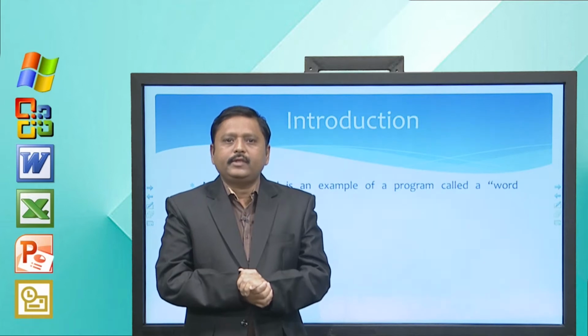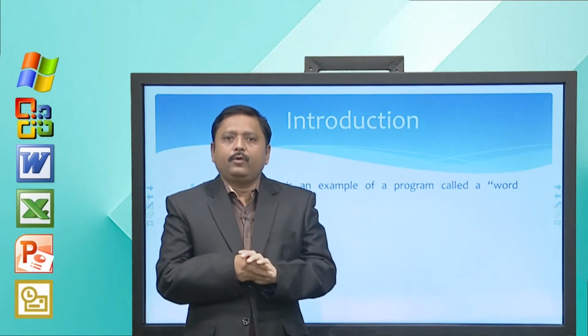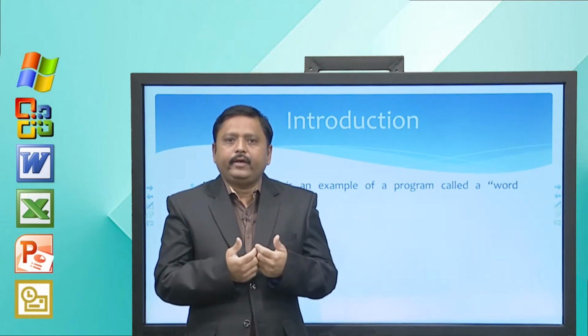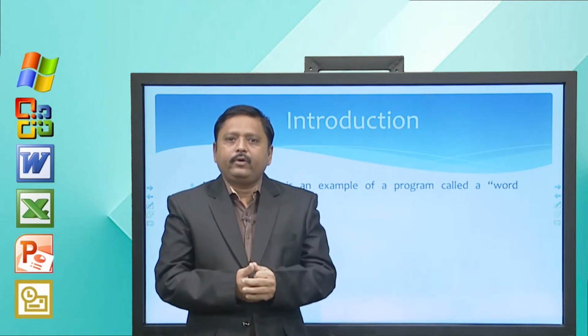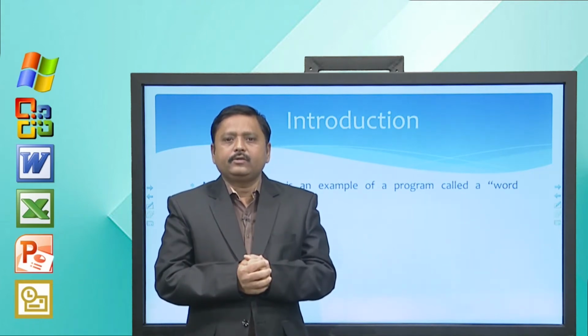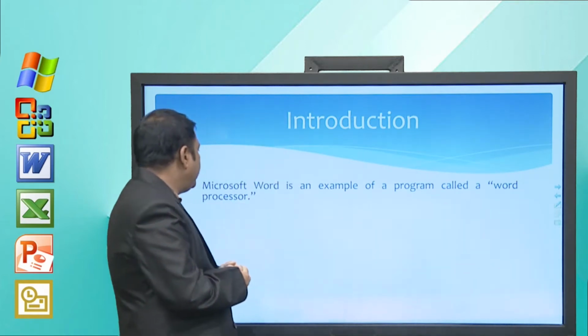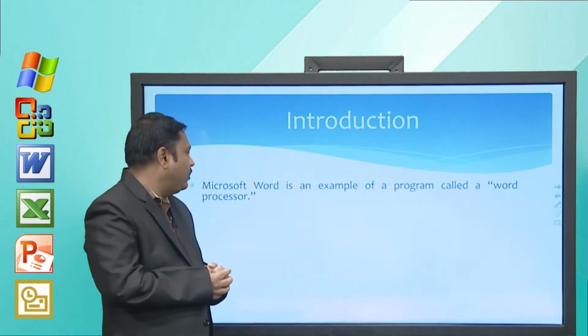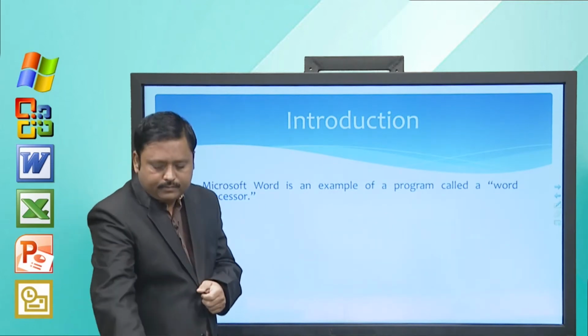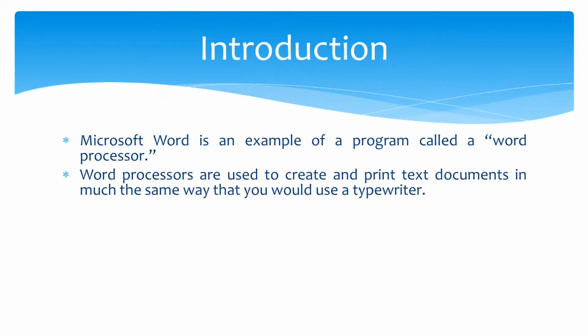So, word processing means preparing a letter or a project report. We can say Microsoft Word is an example of a program called a word processor. Word processors are used to create and print text documents in much the same way that you would use a typewriter.